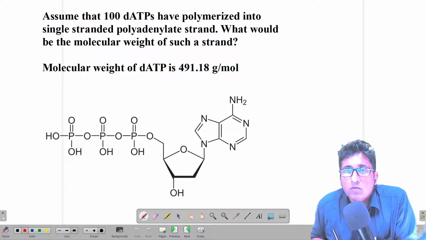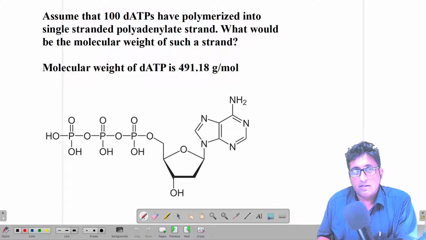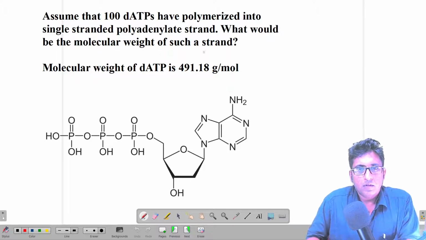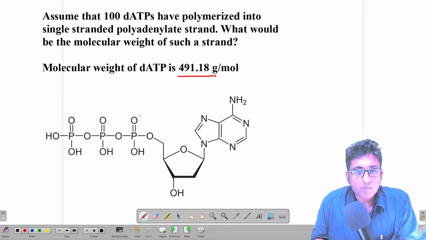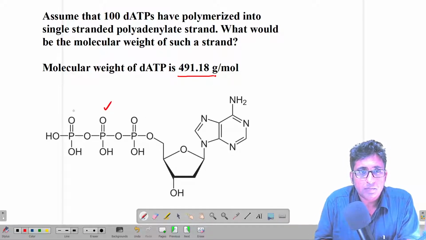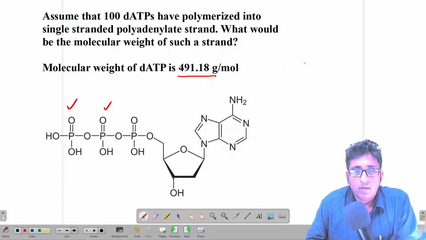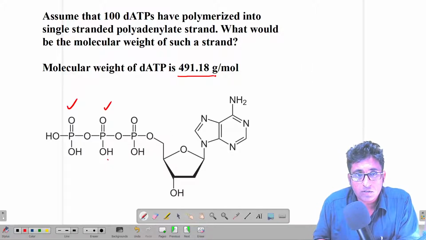So if we want to solve this question, here we are saying 100 dATP molecules have polymerized into a single-stranded polyadenylate strand, and the molecular weight of the dATP is given. We can figure out the molecular weight of phosphate groups, approximately 94 grams per mole. During polymerization, there is a loss of the beta and gamma phosphates, and alpha is retained.